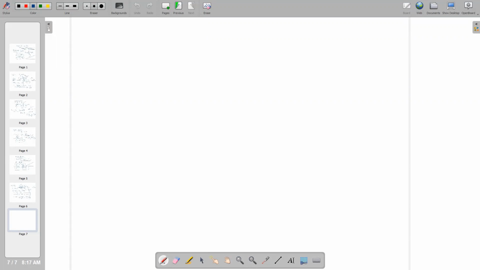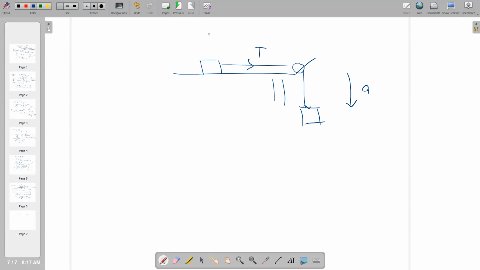Let's see one situation. In this situation, you can see the block is here, okay, and there is a pulley and the block is moving down. So this is the tension and this block is moving down with this acceleration.